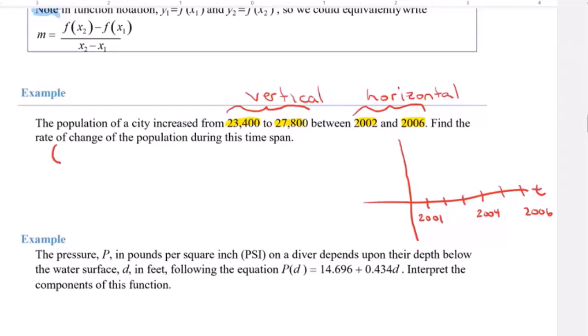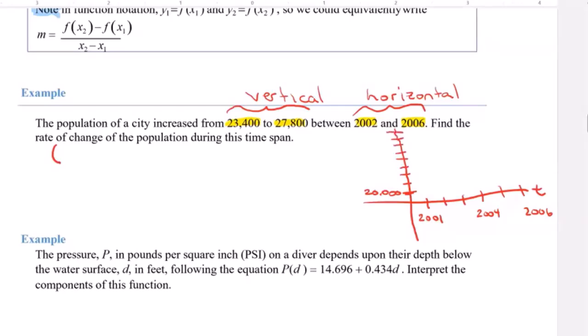Now vertically, we're going to have to use these big numbers. So I'm going to start here, and I'm going to call this 20,000, because remember, we're going to actually have to go to 27,000. Then I can make marks.